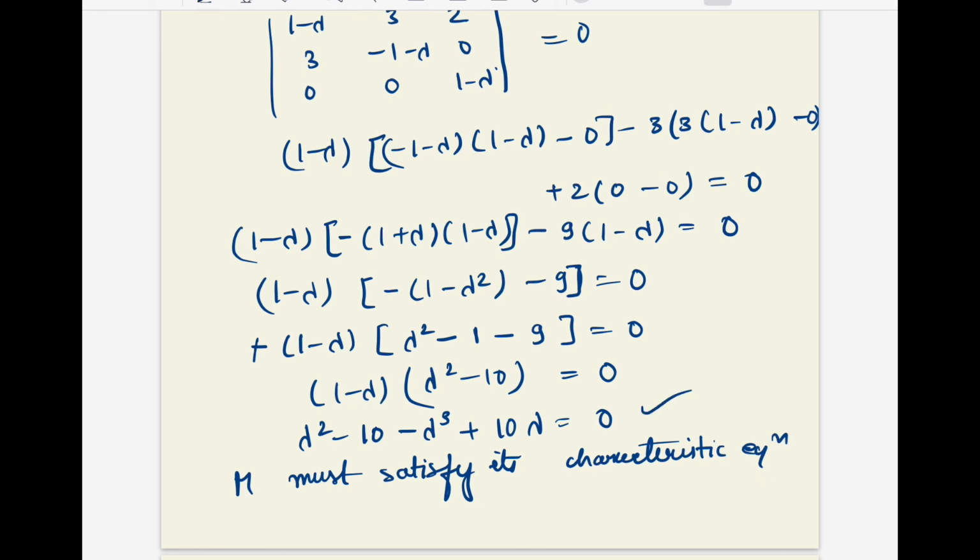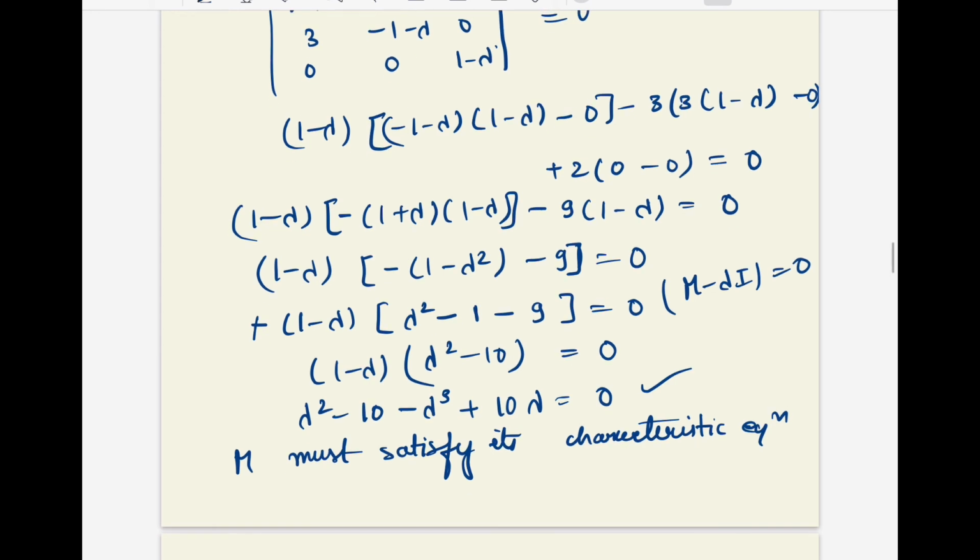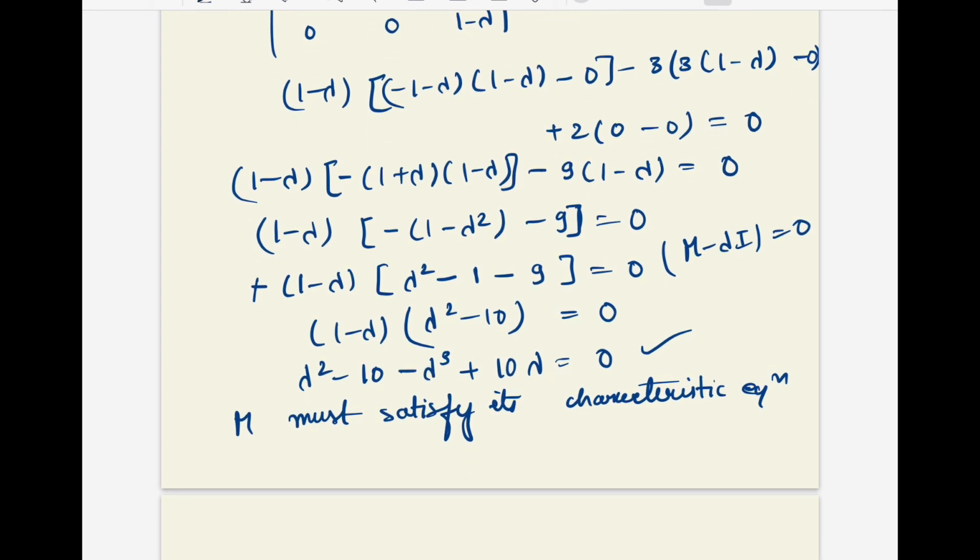This is the characteristic equation. When it is in the form of lambda, it is the characteristic equation. When the determinant of m minus lambda I equals 0, this gives the characteristic equation. So m must satisfy its characteristic equation.